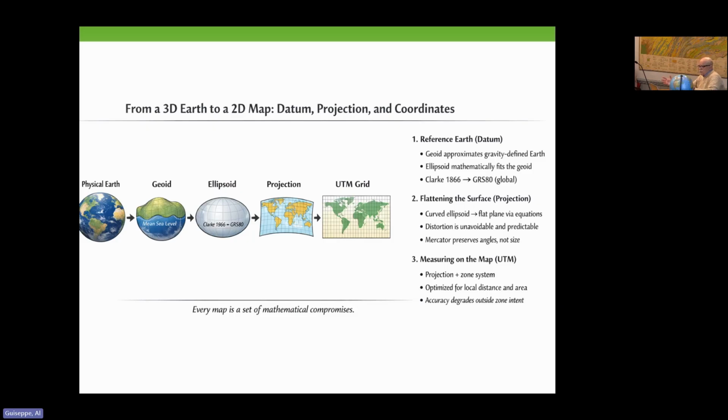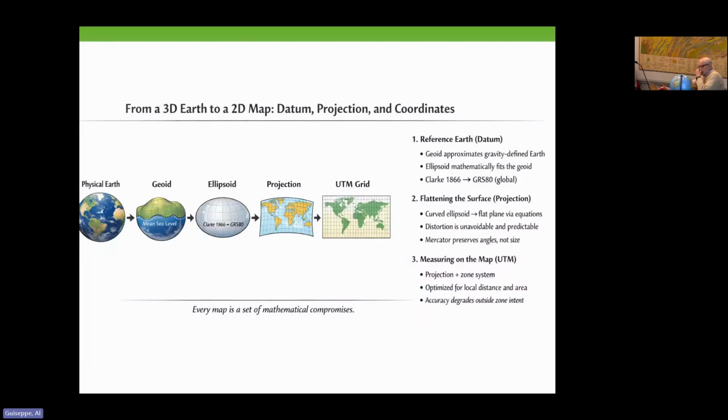But to go from that, basically you go from the physical Earth to a geoid, which is a gravitational shape of the Earth, shaped by gravity, to an ellipsoid, then that projection onto a flat paper-like thing, and then into the grid that you're talking about. So it goes from the Earth to the geoid, to the ellipsoid, to projection, and then an individual projection like UTM.